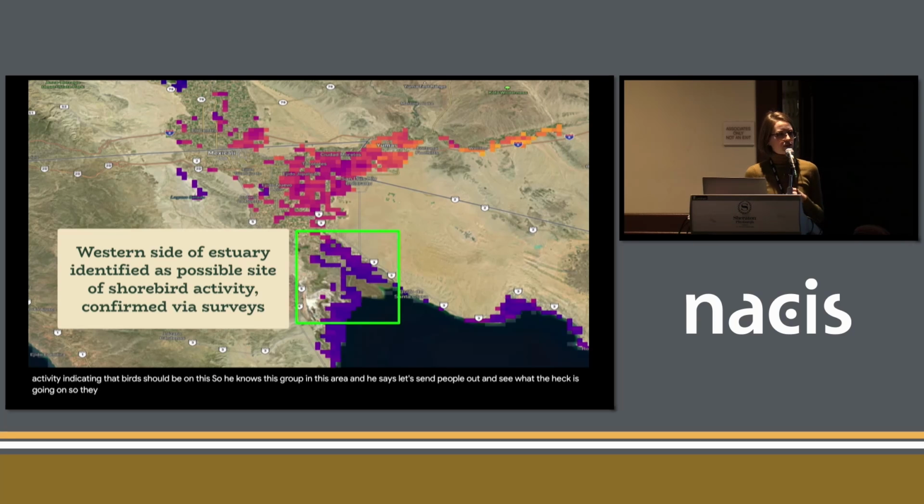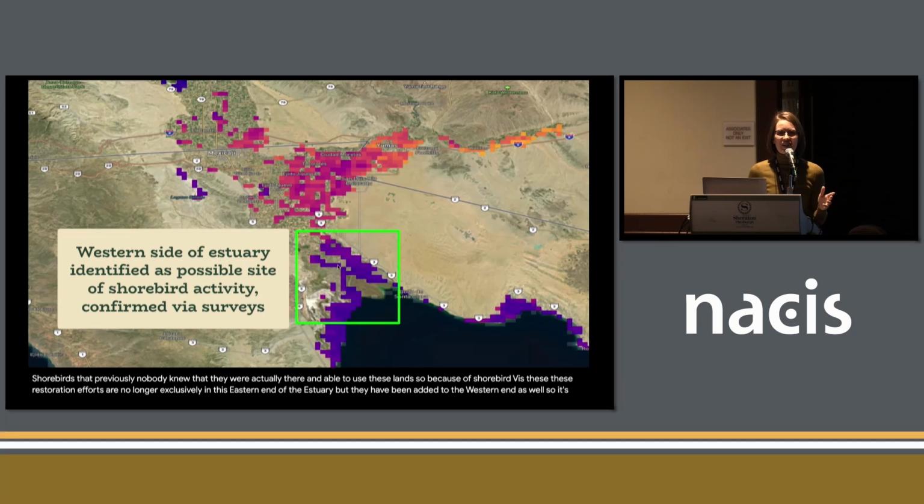So they do land surveys, they do aerial surveys, and surprise, surprise, the shorebirds are there in droves. There's tons and tons of shorebirds that previously nobody knew were actually there and able to use these lands. So because of Shorebird Viz, these restoration efforts are no longer exclusively in the eastern end of the estuary, but have been expanded to the western end as well.